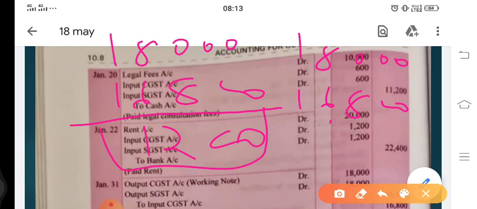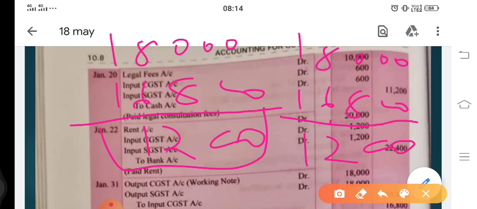So the balance amount to be paid to the government is only 1,200. Same as in the case of SGST also. I have collected 18,000 but I had already paid 16,800. So here also I'll pay to the government rupees 1,200.